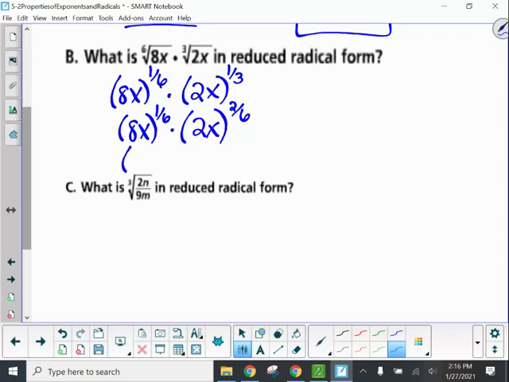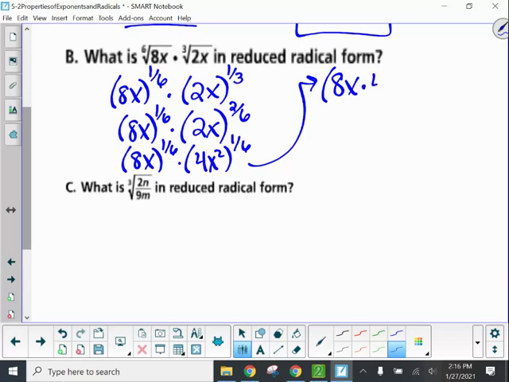So I can think about this as 8x to the 1/6 power times 2x, the quantity squared, which is going to be 4x squared to the 1/6 power. Then I can pull the 1/6 power out. Just like I could distribute it, I can undistribute it. I can factor it out. So that's going to make it 8x times 4x squared, the entire thing to the 1/6 power.